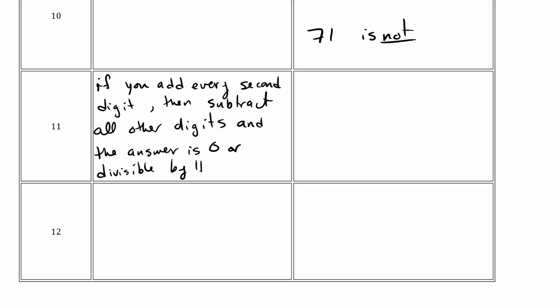And it's okay if the number is negative. As long as it's negative and divisible by 11, we're happy.